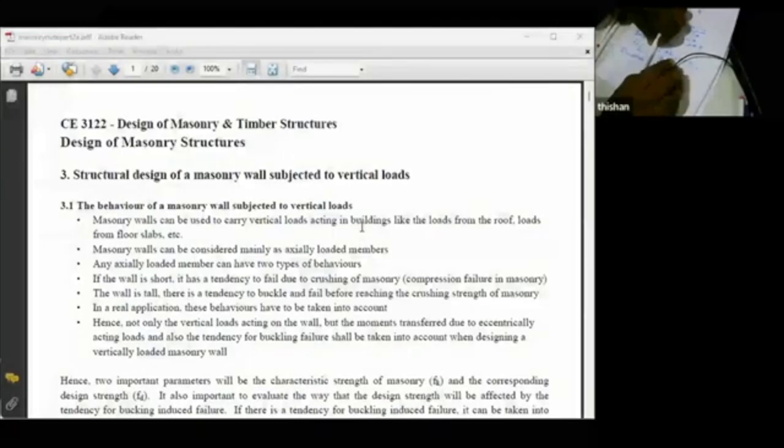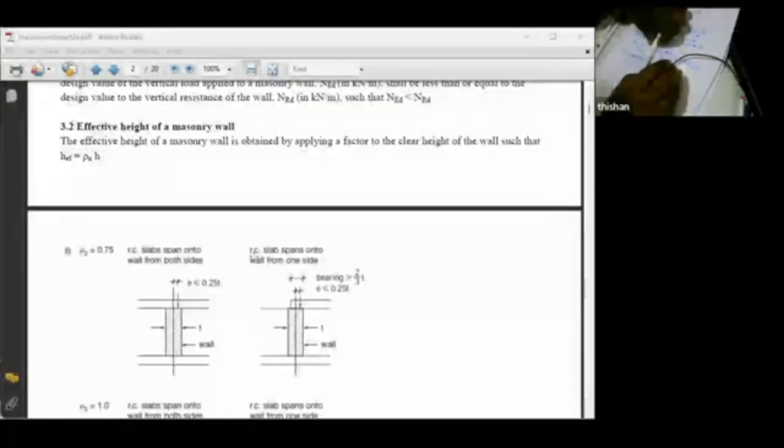The second part of the note tells you how to do the design, with examples. So after the lecture, I'll share these notes with you. I'll share it with Bandhuka so that Bandhuka can share with all of you.